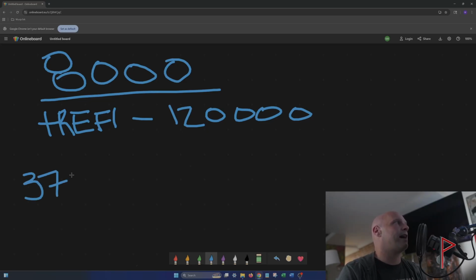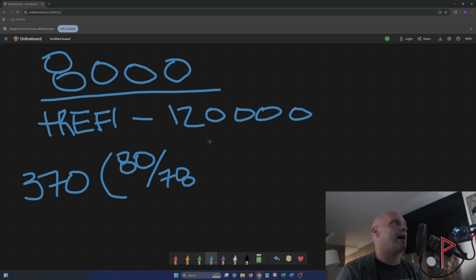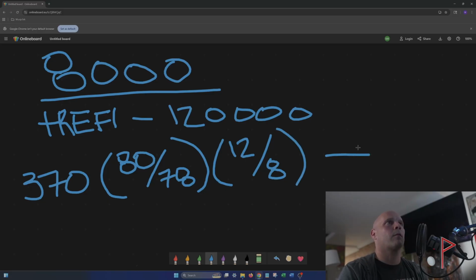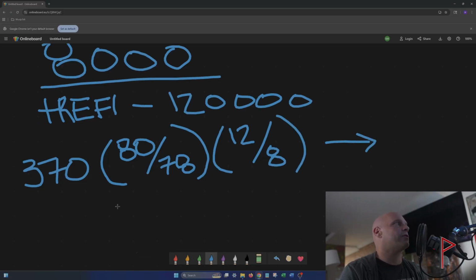Take your 370, you multiply it by the change in DRAM frequency, which I'm just going to say is 80 over 78 because we don't need all those zeros. That is 8,000 divided by 7,800. And then we take our tRFC new and divide it by our tRFC known, which is 120,000 over 8,000.